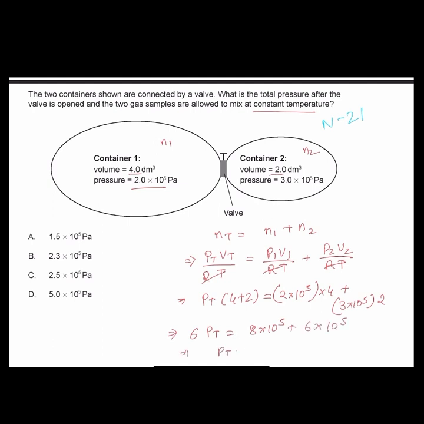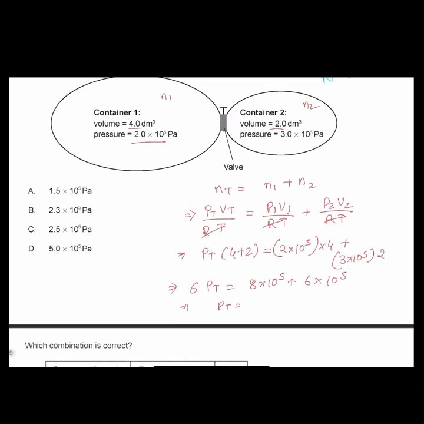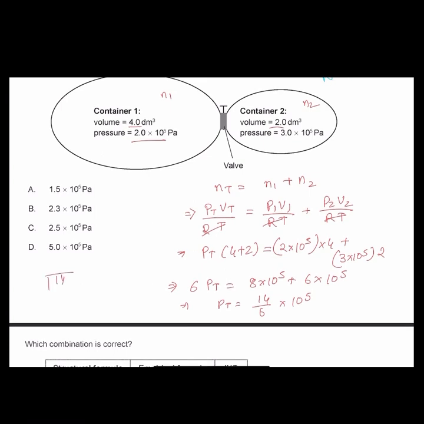So P total will be 14 by 6 times 10 to the power 5. If you approximately divide 14 by 6, you get approximately 2.33. So it is 2.33 times 10 to the power 5. That will be the total pressure. From the options, we have 2.3 times 10 to the power 5, and this will be the correct answer to this question.